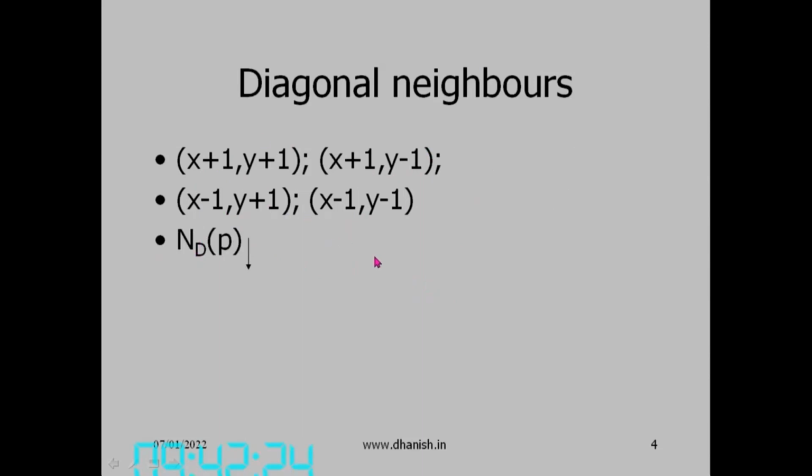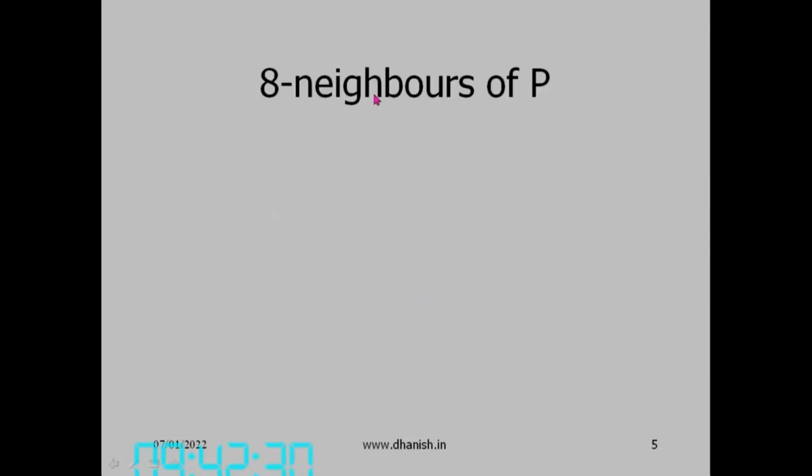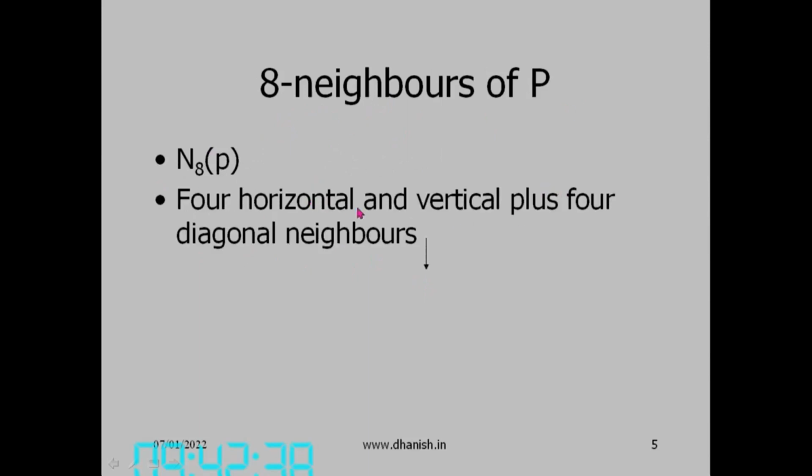The 4 neighbors are N4 of P, the diagonal neighbors are ND of P, and both together form the N8 of P, the 8 neighbors of P: 4 horizontal and vertical plus 4 diagonal neighbors.